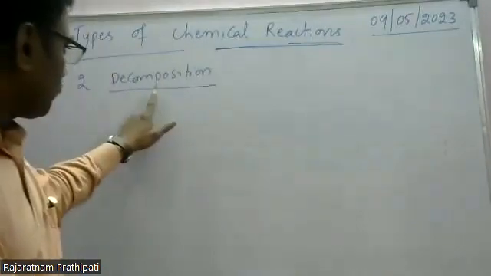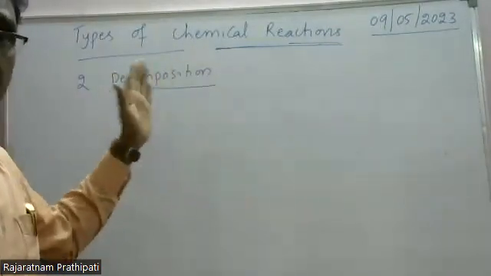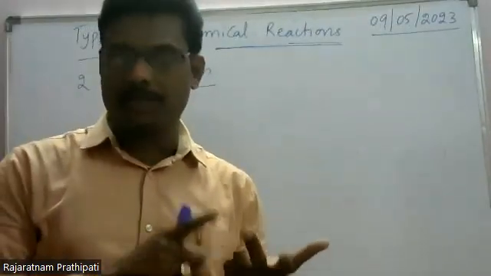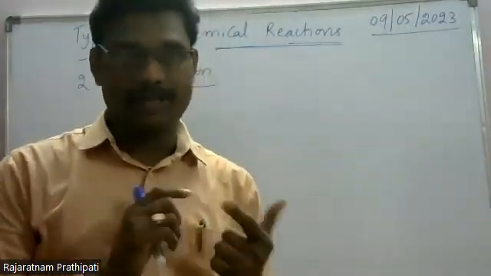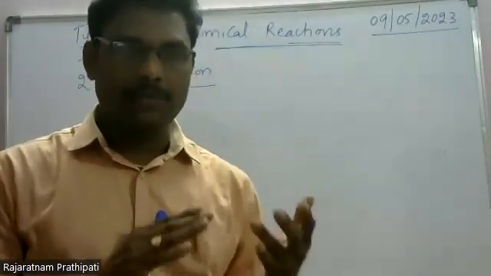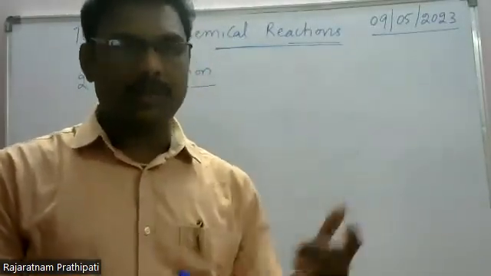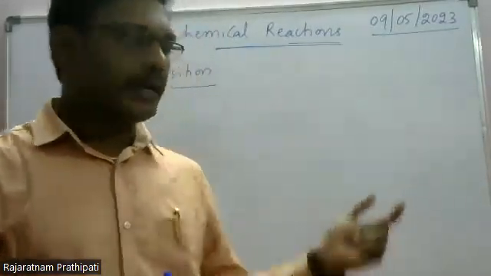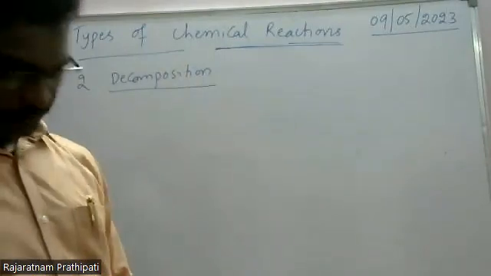For decomposition, energy is required, provided in the form of heat, electricity, or light. In the form of heat, it is thermal decomposition. In the form of electricity, electrochemical decomposition. In the form of light, photochemical decomposition.